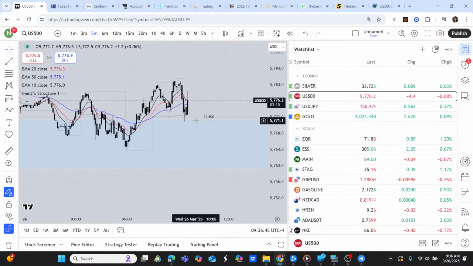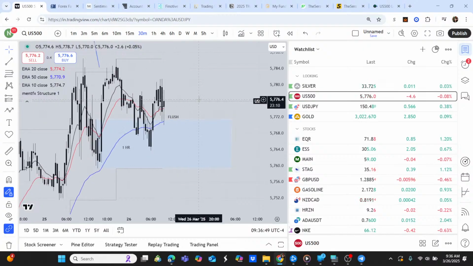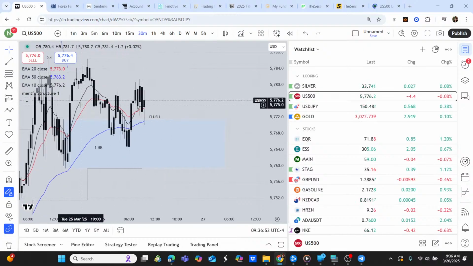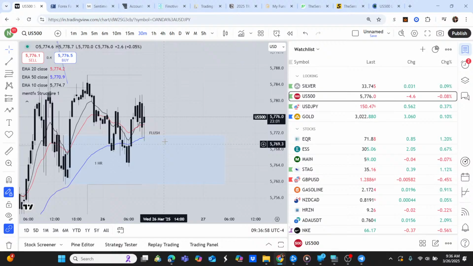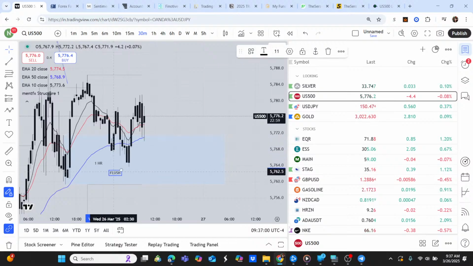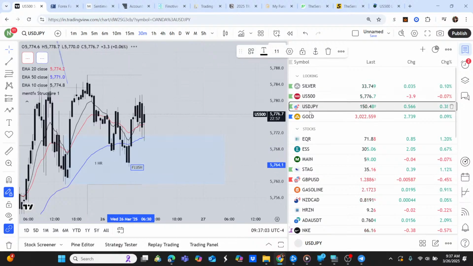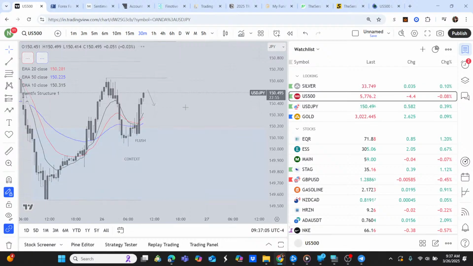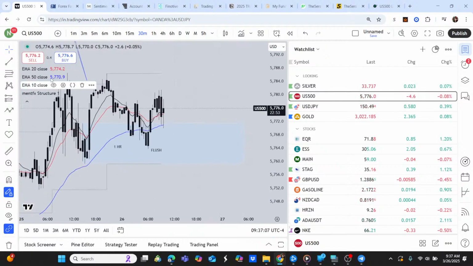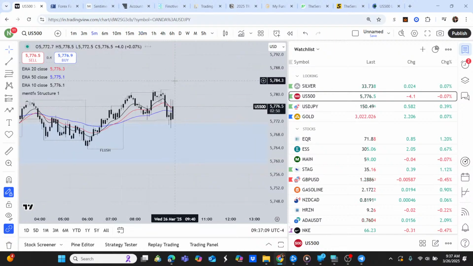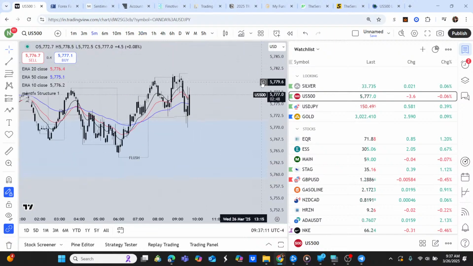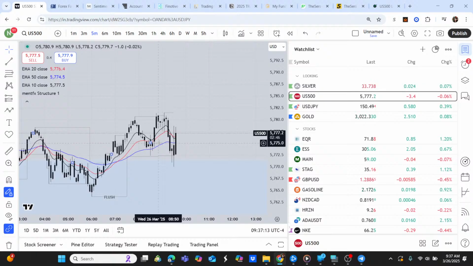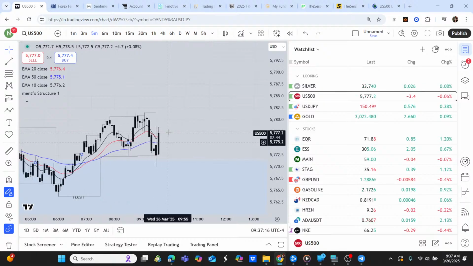Okay, this might do something. Now it's rejecting all the way up. Okay, so now it's starting to look clean.